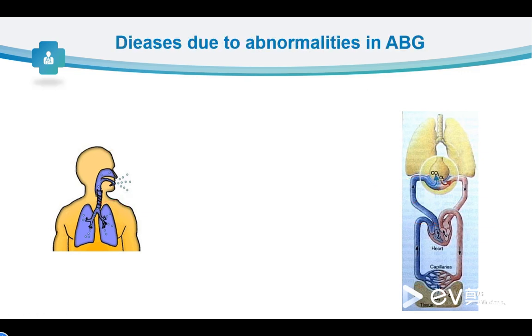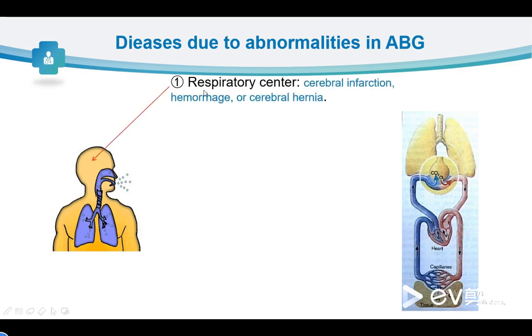Now, let's try to do a summary for the causes of the respiratory failure according to the abnormalities in each step of the respiration. Firstly, for the respiratory center, if there is damage to the respiratory center, it will cause a decreased ventilation.